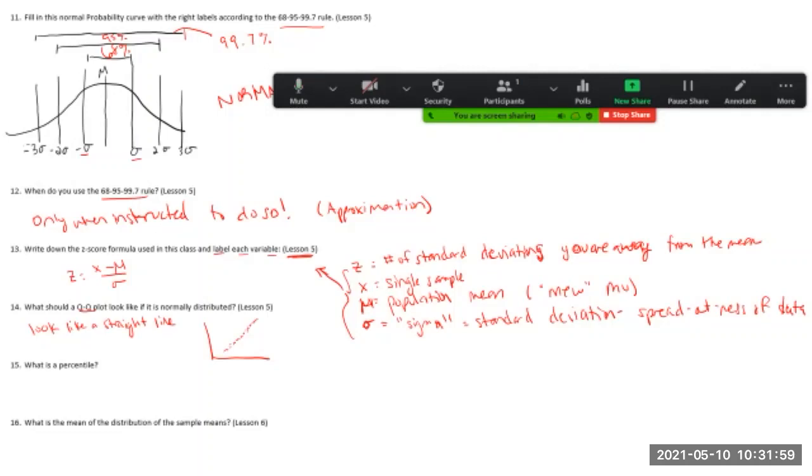Awesome. What is a percentile in lesson 5 or 6?